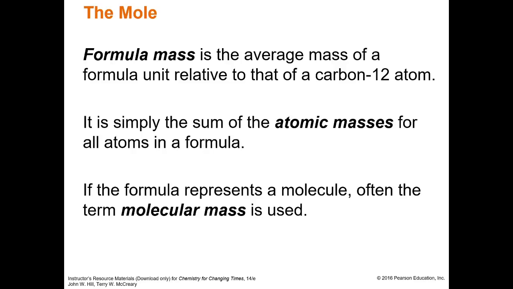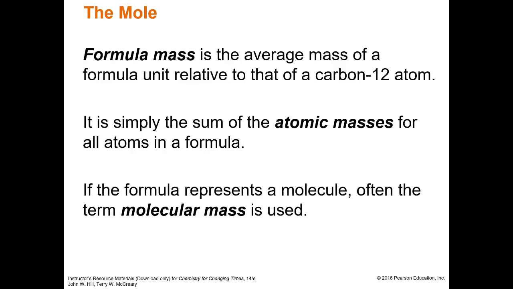So formula mass is going to be the average mass of a formula unit relative to that of a carbon-12 atom. So it's simply the sum of the atomic masses of all atoms in a formula. So literally you just take all the atoms that show up in a formula, you look on the periodic table, and you add those numbers together.